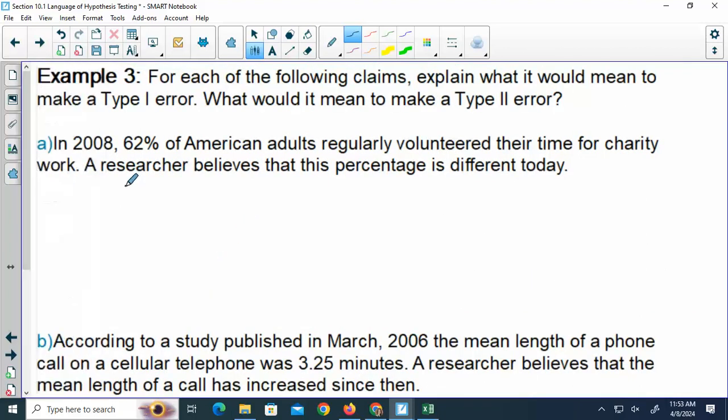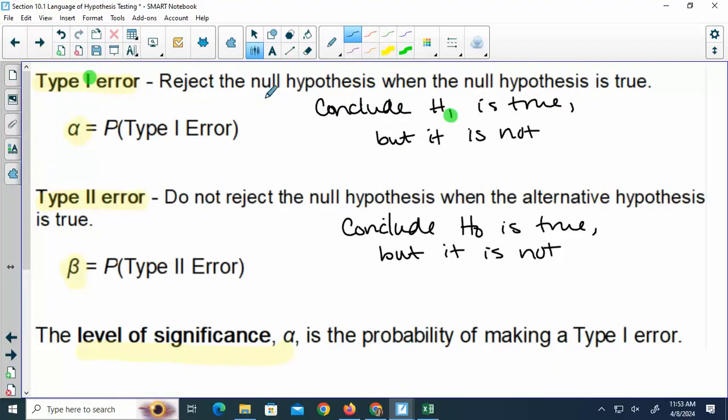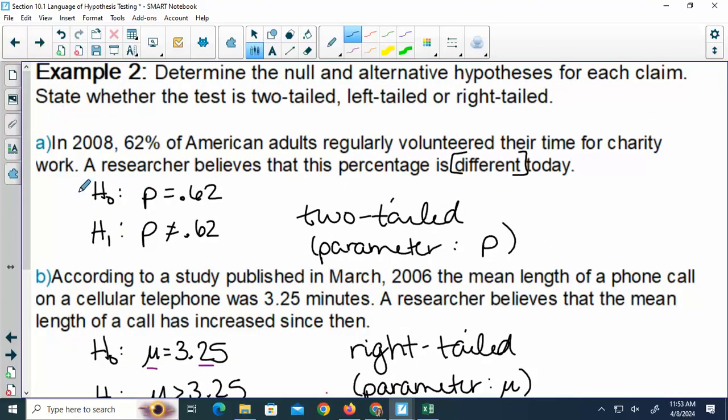So type 1 error. What does it mean to make a type 1 error? We reject the null, but it's actually true. My null hypothesis was that the proportion was equal to 0.62. If you reject that, that means you went with the alternative.